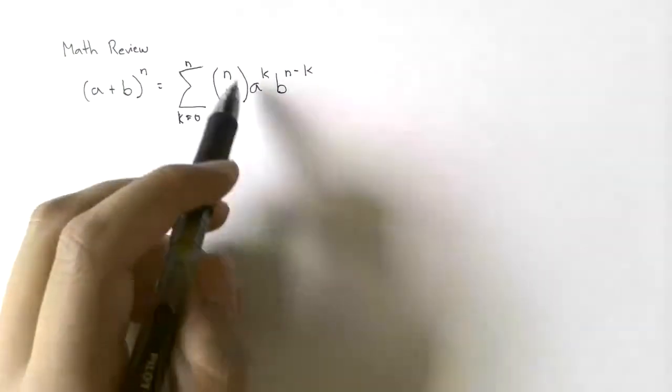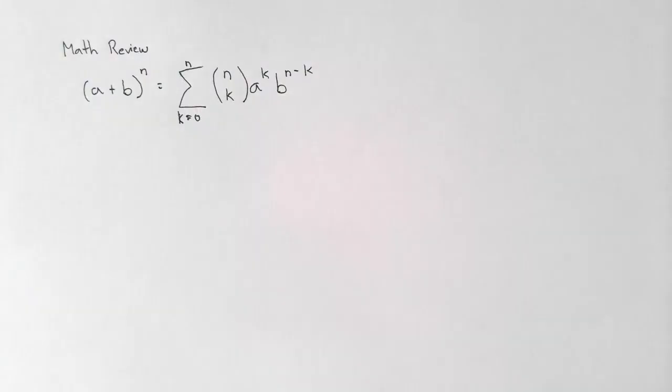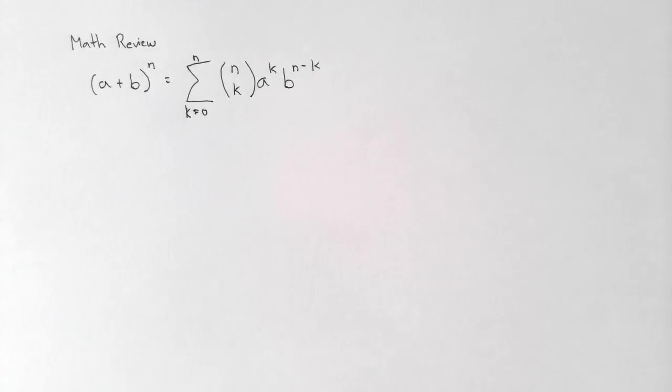Because this is the coefficient, right? It's n factorial over k factorial times n minus k factorial. Then we call it the binomial coefficient.